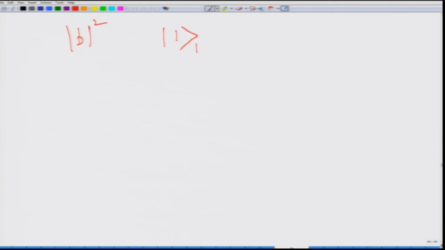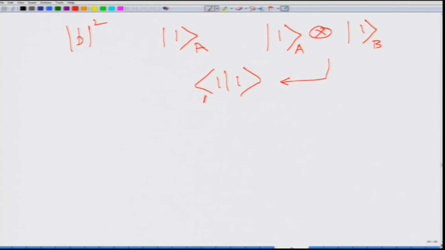Okay. Similarly, if instead I measure the probability corresponding to B mod square, then what I am doing is I am measuring the probability corresponding to this, and then we are producing the state which corresponds to A. Now, maybe you remember from your earlier classes, whenever we write this, this was our shorthand notation.